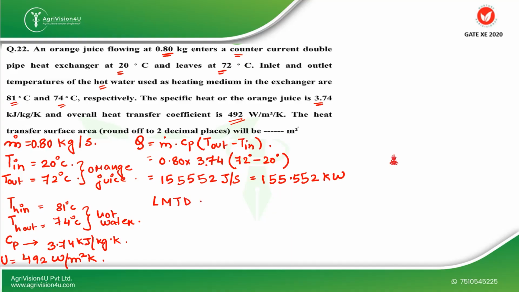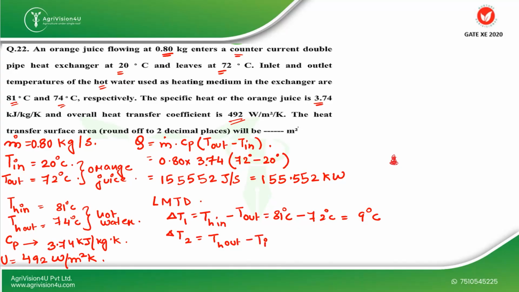Now we have to calculate the LMTD, that is the log mean temperature difference. So delta T1 is hot in minus orange juice out, that is 81 degrees Celsius minus 72 degrees Celsius, it is 9 degrees Celsius. Delta T2, that is hot out minus in, is 74 degrees Celsius minus 20 degrees, it is 54 degrees Celsius.